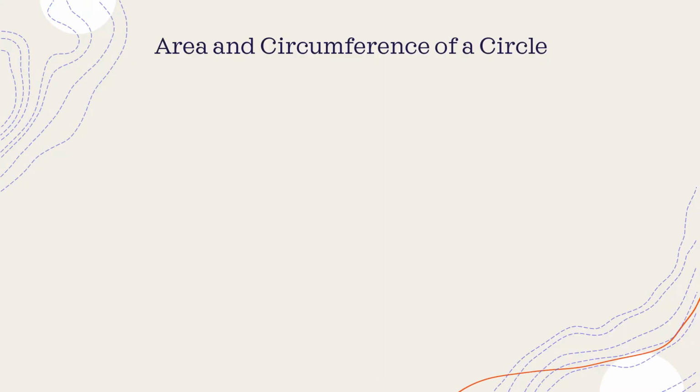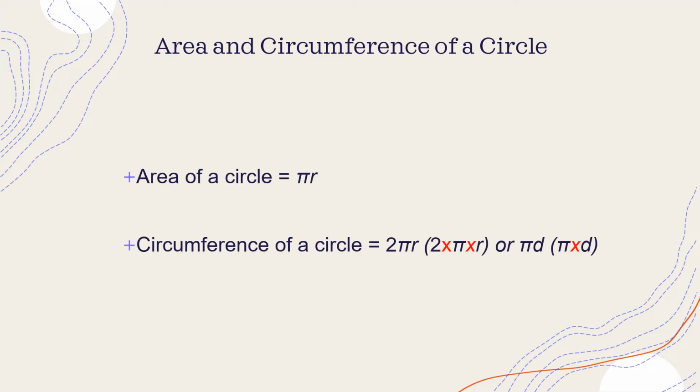Now we are going to learn about the area and circumference of the circle. To learn these two things, we need to understand the formulas. The area of a circle is pi r squared, not just pi r, it's squared. The circumference of a circle is 2 pi r, which means 2 times pi times r, or pi d, which is pi times d.